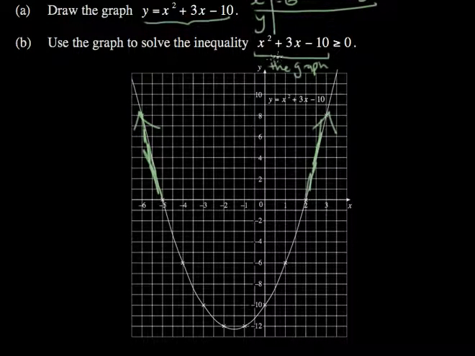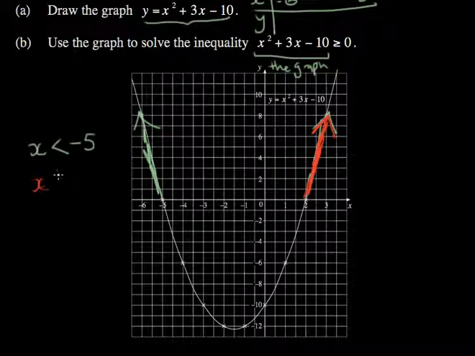And the values that we're looking for are the x values where this is the case. So the x values where the graph is shooting over here, that's going to be where x is less than -5. So we'd write that like this: x is less than -5. That's going to be this part here. And if I did the other part in red, let's say, this part there, that would be where x is greater than 2.